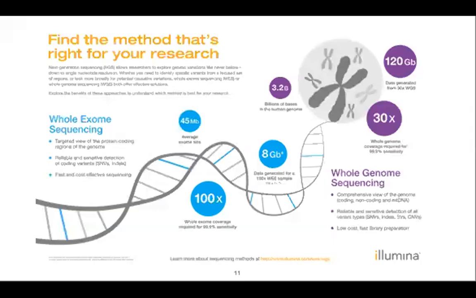One thing you should note is that next generation sequencing allows researchers to explore genetic variation like never before, down to single nucleotide resolution. Whether you need to identify a specific variant from a focused set of regions, or look more broadly for a potential causative variation, like a whole exome sequence or a whole genome sequence, this is very possible.